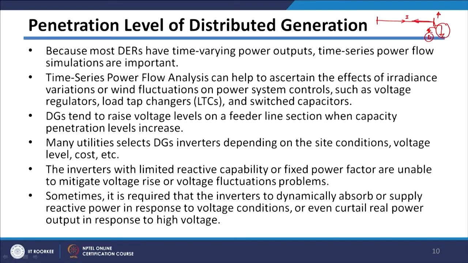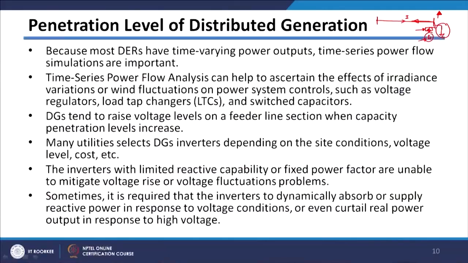Now, if there is a low load condition at this DG bus, there is a possibility that power will flow in the opposite direction. In that case, the voltage of this bus will go beyond some limit, and if the inverter of this DG is based on voltage cutoff, at the upper cutoff of the voltage the DG will be taken out of the system. So even though the sun is available and a solar PV DG is installed there, you cannot feed the power because of the upper cutoff limit of the voltages.